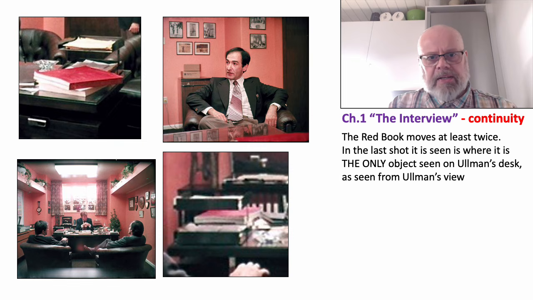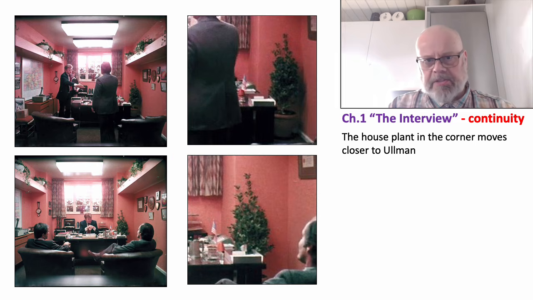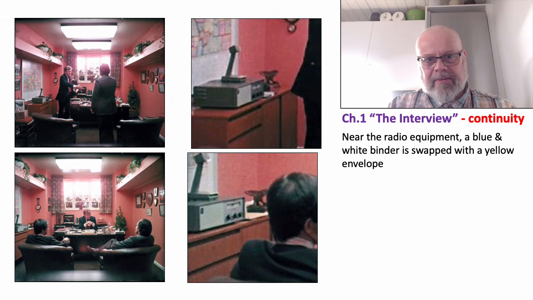The red book moves at least twice. In the last shot, it is where it is, the only object seen on Ullman's desk as seen from Ullman's view. Sort of continuity problem. As I mentioned before, the house plant in the corner moves closer to Ullman. Near the radio equipment, a blue and white binder is swapped with a yellow envelope.